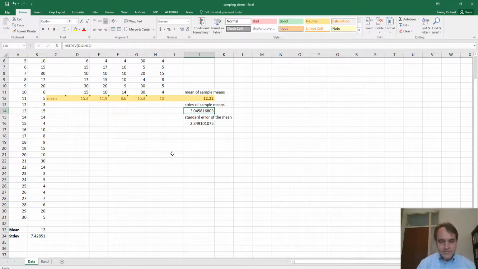Okay, so what does this let us do? Okay, so the central limit theorem, in addition to letting us assume a normal distribution for our hypothesis tests, it also lets us quantify how much certainty we have with regard to our sample means.